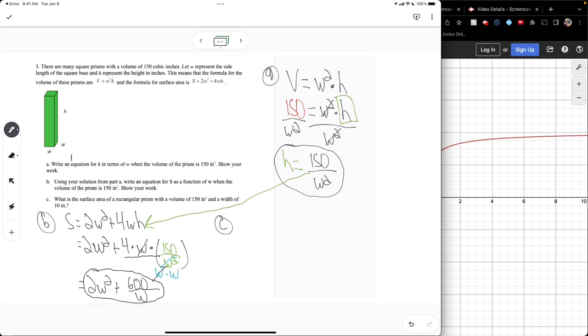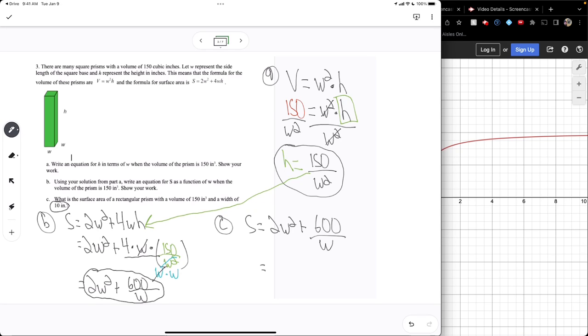So that was B. Part C, what is the surface area of a rectangular prism with a volume of 150 cubic inches and a width of 10 inches? So we can now use our simplified formula from B. So 2W squared plus 600 over W. I can now plug in W equals 10 inches.